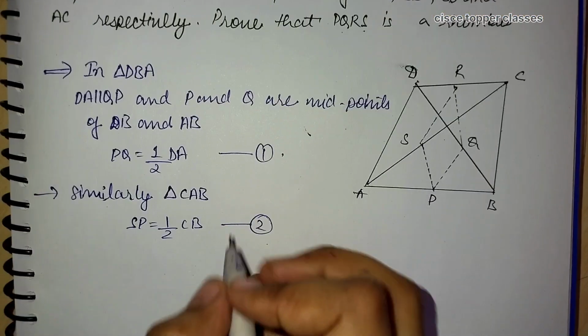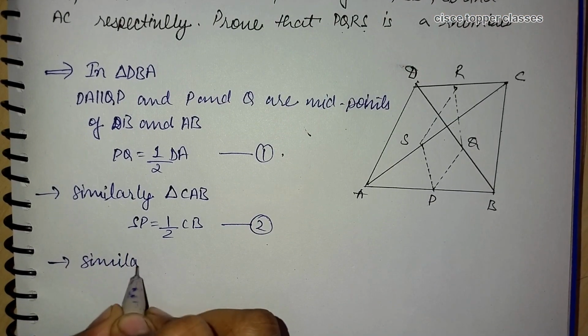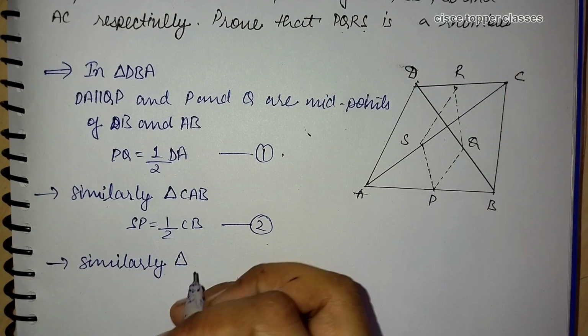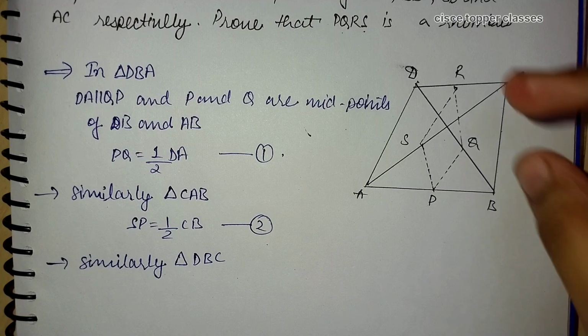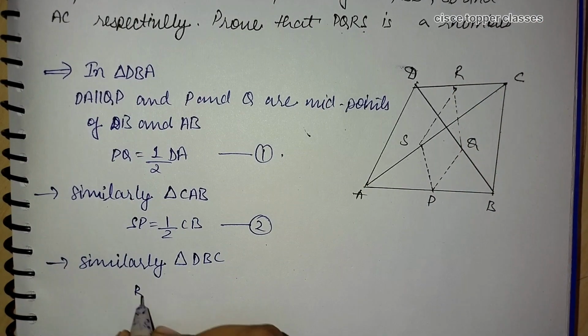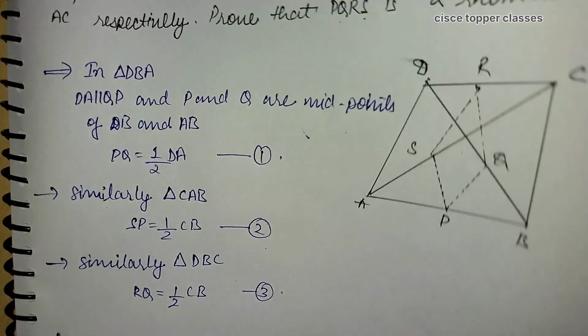This is the second equation. Now similarly, in the third part we take triangle DBC. Here also R and Q are the midpoints and RQ is parallel to CB. So we can write RQ is equal to half of CB as the third equation.